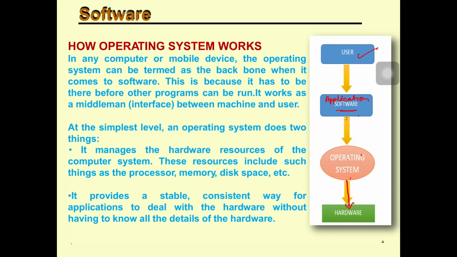For example, if I want to print 2 copies of a document, then I am the user. I send the instruction to the computer through the word processing software to print the particular document and make 2 copies.